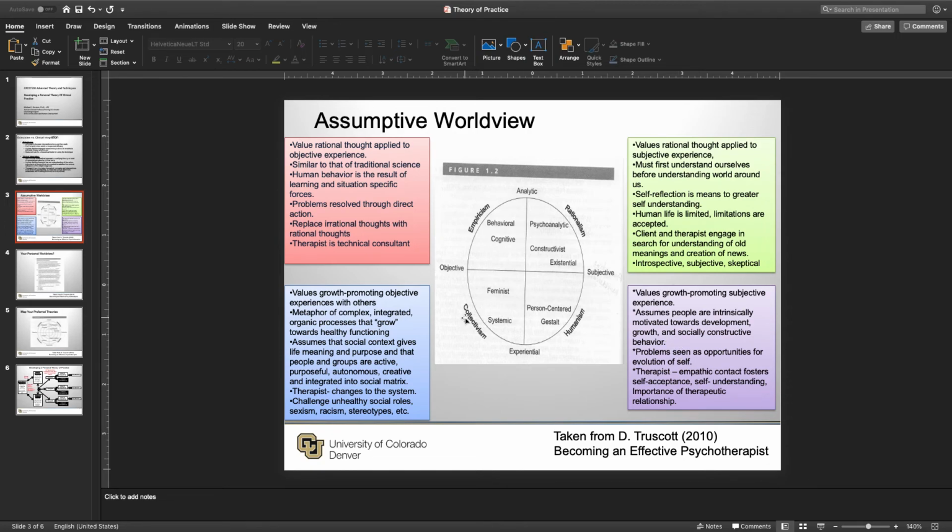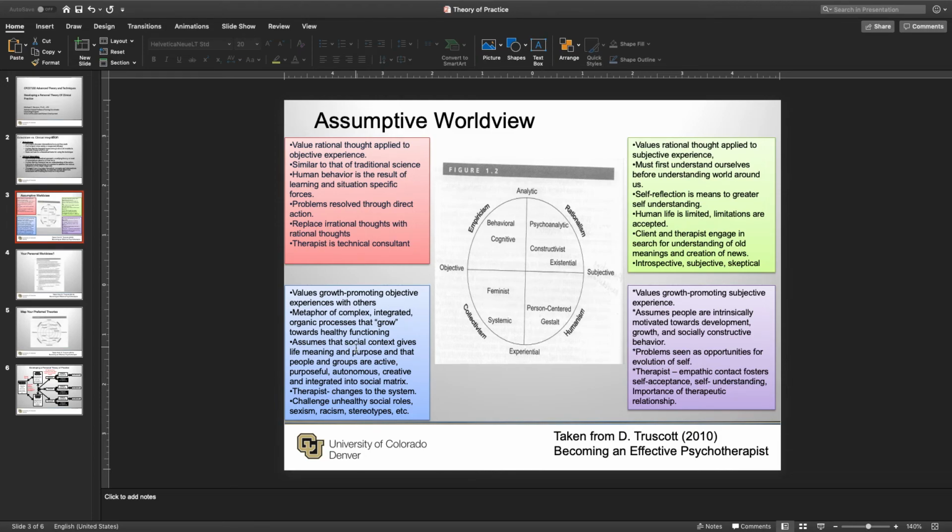And then the fourth quadrant is more of a collectivist, looking more at systemic theories, family therapy, feminist therapy. It values growth-promoting objective experiences with others. The idea that there is a family or collective objective reality for most families. There is a kind of collective objective experience within feminist therapy.